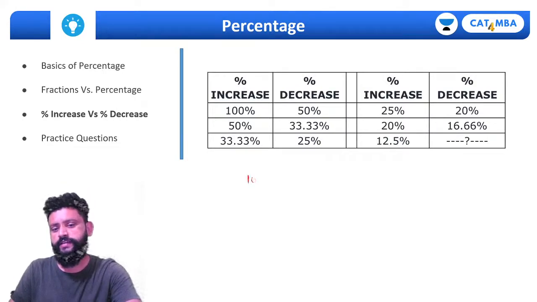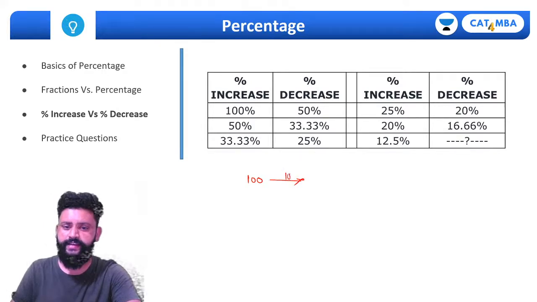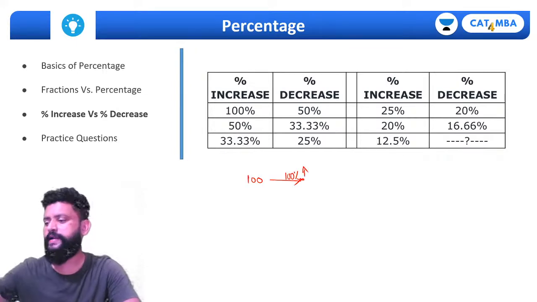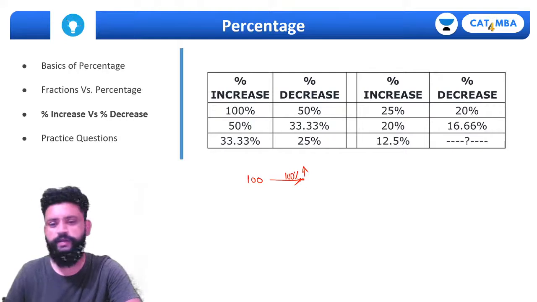If I say the price of an article is rupees 100 and the price is increased by 100%. So a 100% increase in the price simply means the price will be double.